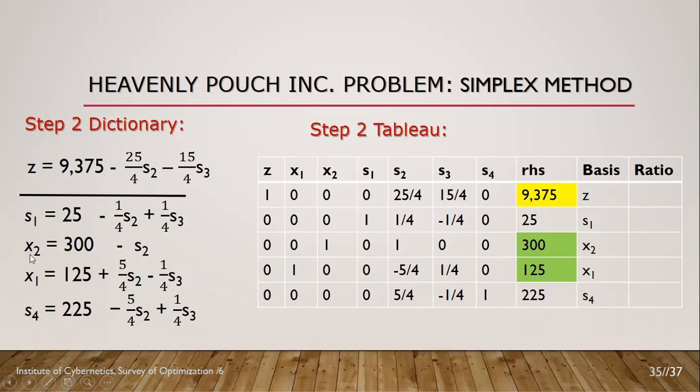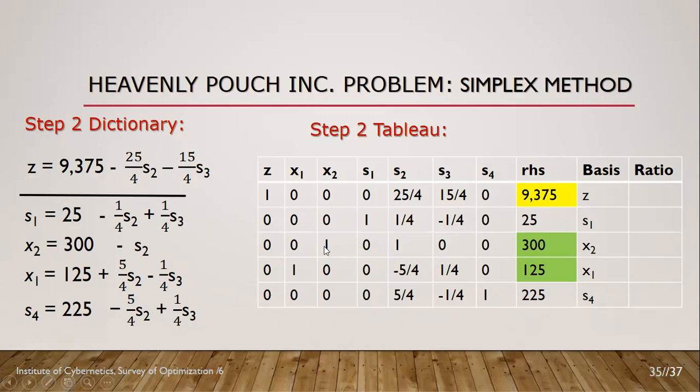Then we refer to the original variables, and the values for the original variables will be 125 for x sub 1 and 300 for x sub 2.